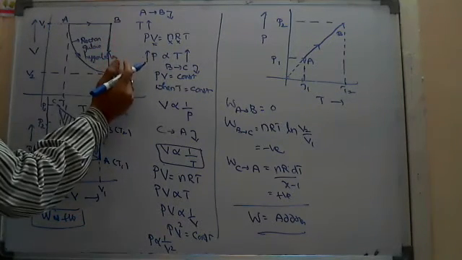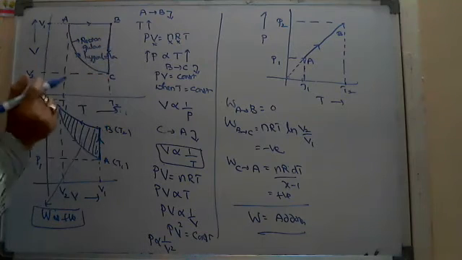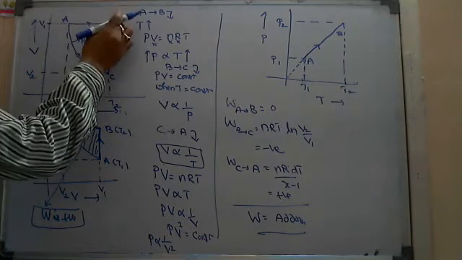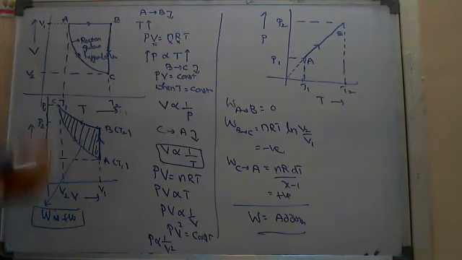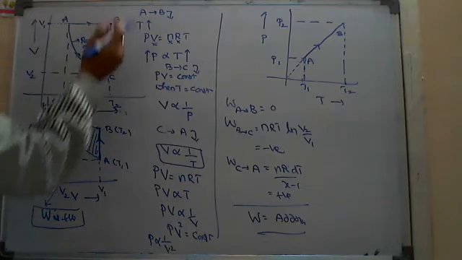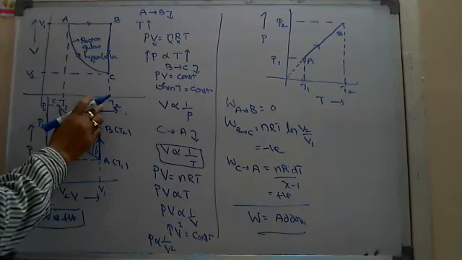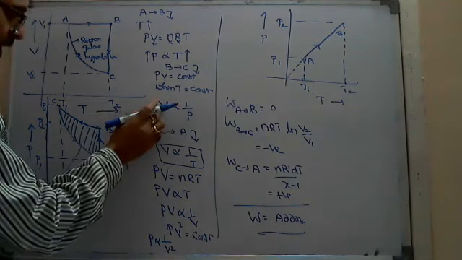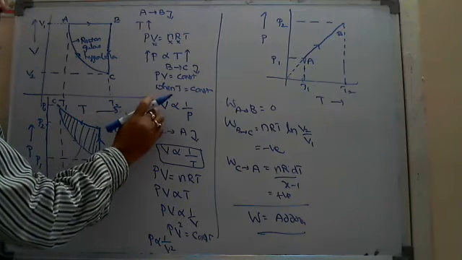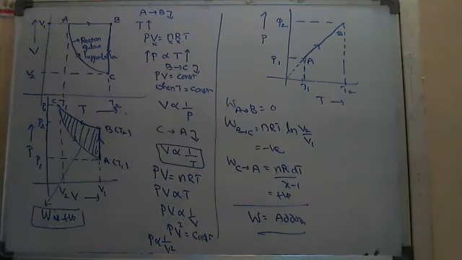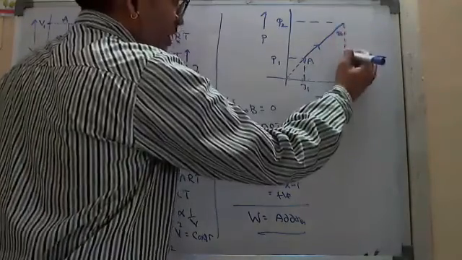Then B to C, if you see, temperature is constant and volume is decreasing. If temperature is constant and volume is decreasing, so we have to take pressure should be increased. Pressure should be increased means we should not take down like this.